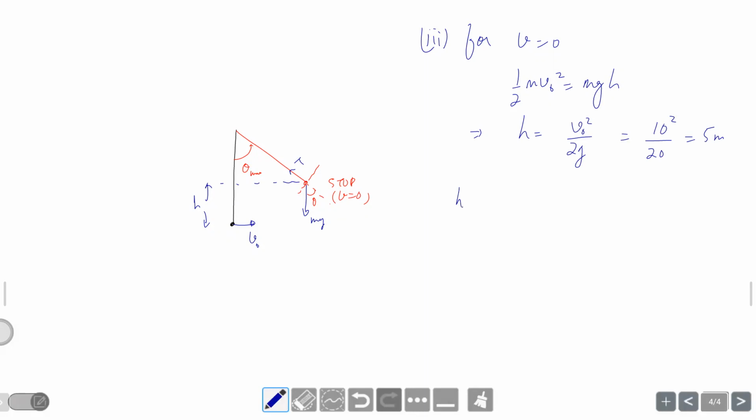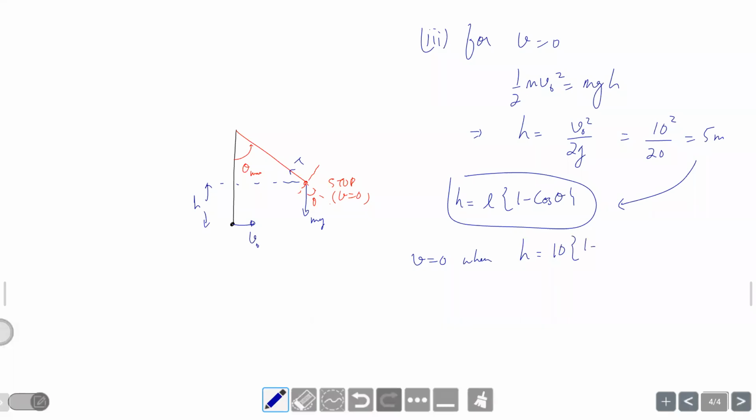Now H is equal to, geometrically, L into 1 minus cos theta. So V is equal to 0, H is equal to that. From that you can see that the maximum angular displacement is 60 degrees.